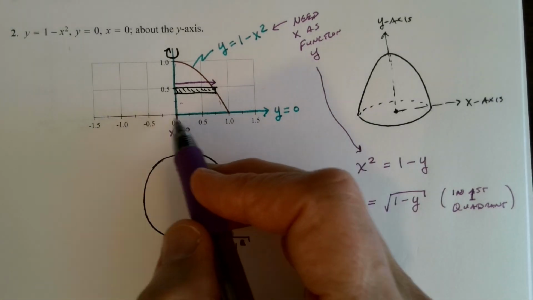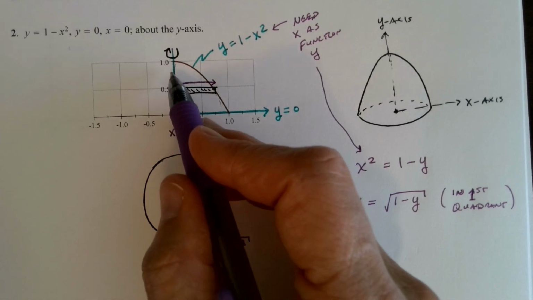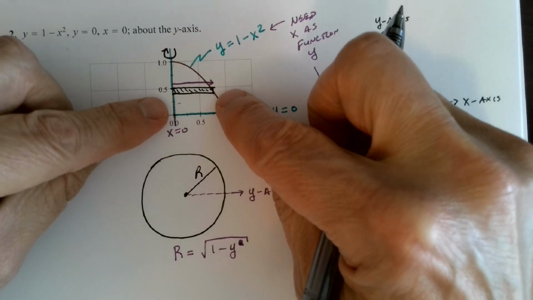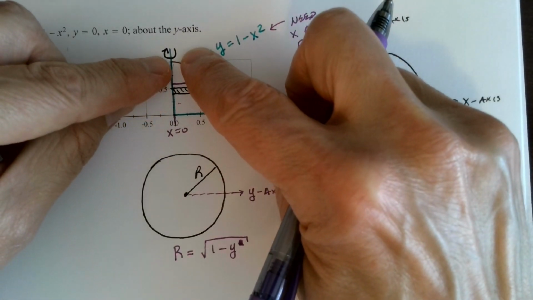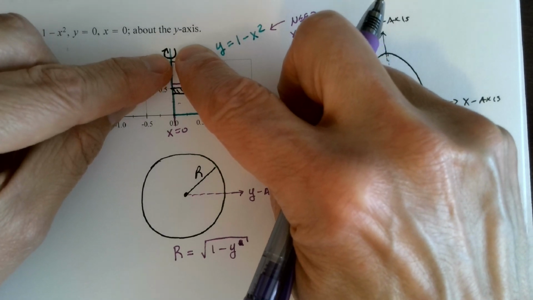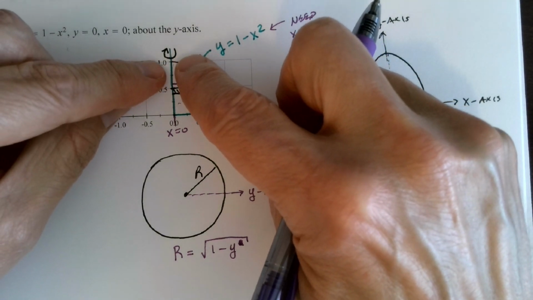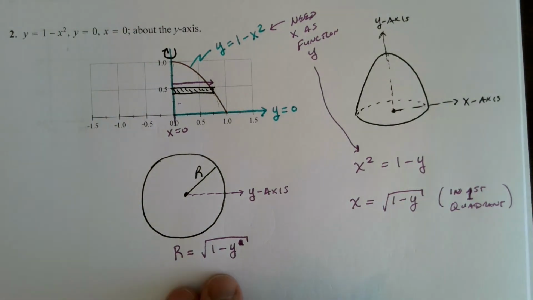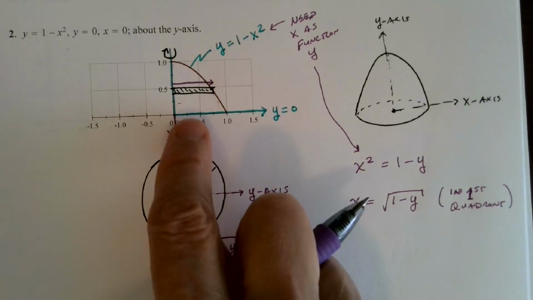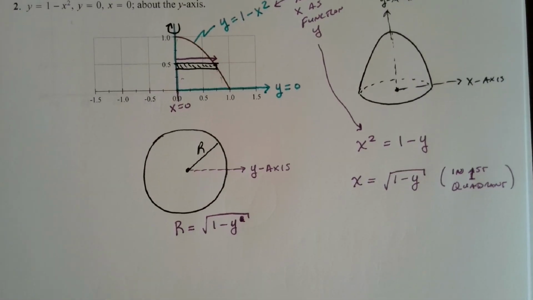And then as y gets closer and closer to 1, what's happening to the radius? It's getting smaller and smaller. The circles are getting smaller and smaller. The radius is approaching 0. In fact, right at y equals 1, the radius should be 0. Is that the case with our formula? Yes. So you can check and make sure that your formula is indeed reflective of what you've drawn here. And that's real important.